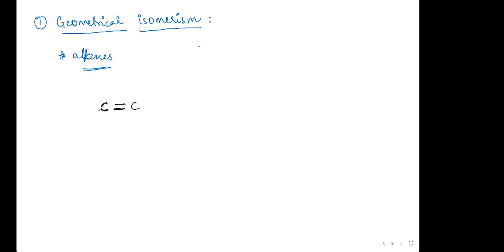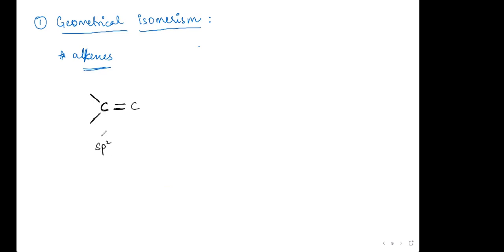I've seen that before when we draw alkenes, so I'm going to say that. Yeah, you're saying that out of familiarity, but for a double bond, what hybridization does this carbon take? sp2. Correct.